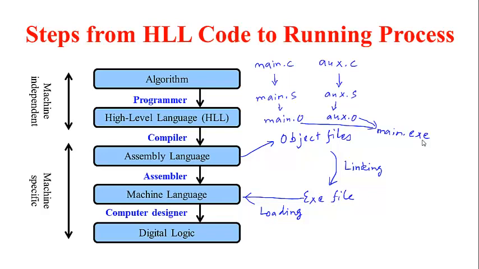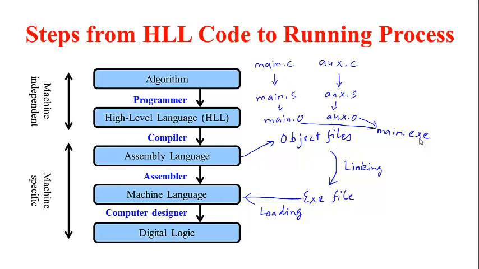As a specific example, if you have a program split into two C code files, let us say main.c and aux.c, then each of these C files will get converted into assembly language file with a .s extension, and each of these assembly language files will get converted into an object file which typically has an extension .o, and then finally in the linking process all the .o files are combined together to get the executable file.